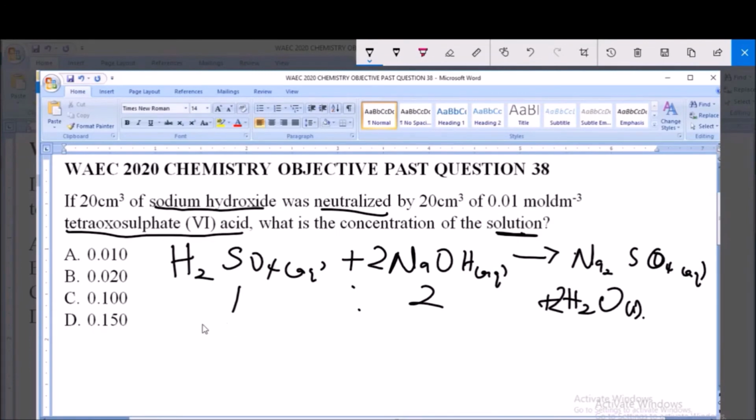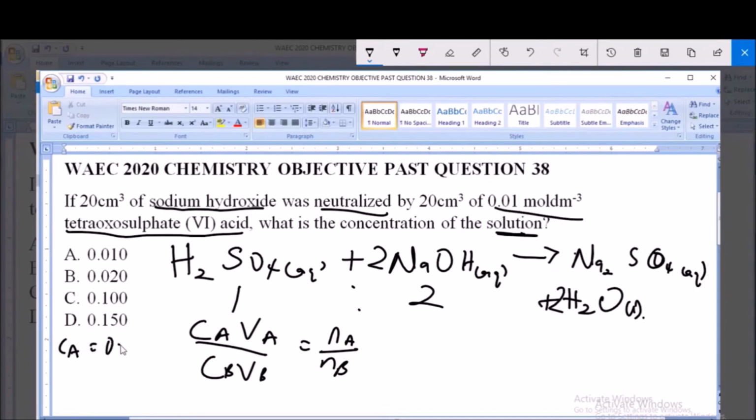In order to solve this, we'll use this formula: CAVA over CBVB is equal to Na over Nb. Ca is the concentration of the acid, which is 0.01 moles per dm³.